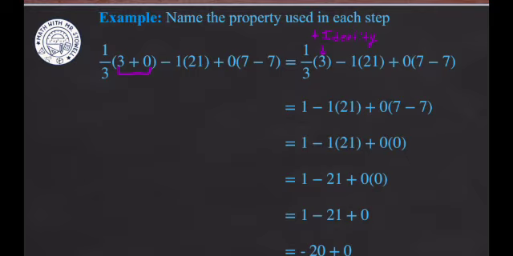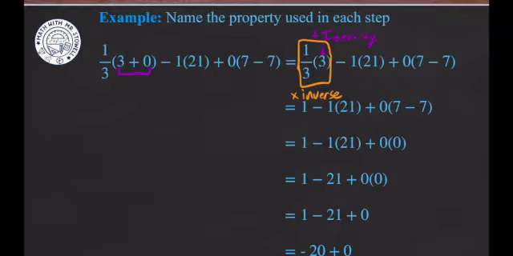It's our addition identity. It did not change the value that was inside the parentheses. For this second step, the only thing that changed was that we multiplied the 1/3 with 3, and that became 1. Well, that right there was an inverse. That was our multiplicative inverse. So we're going to put inverse.